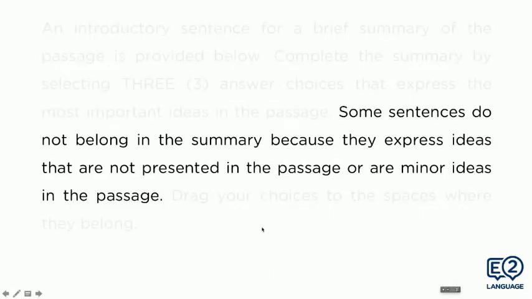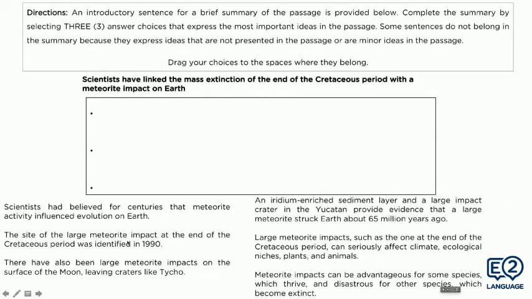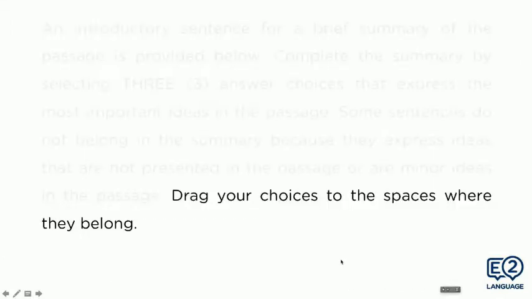So some sentences do not belong in the summary because they express ideas that are not presented in the passage, or they are minor ideas in the passage. Okay, so 3 of these 6 sentences you will not choose because they're not relevant, or they weren't mentioned, or they're unimportant.